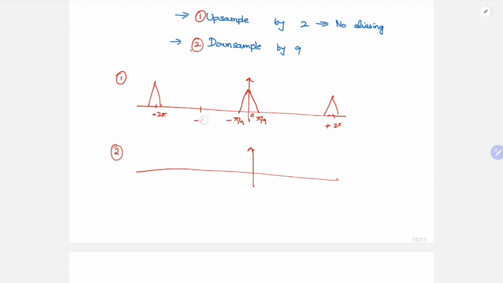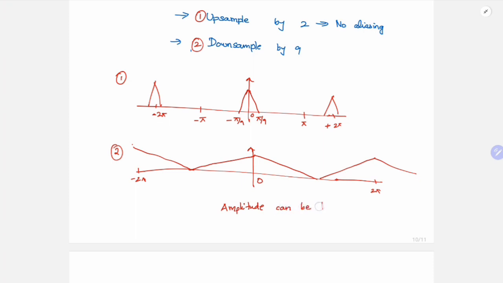So now it will exactly sit between pi and minus pi and pi, because minus pi by 9, downsampling by 9 will expand by 9 times. So it will be something like this. And 2 pi also, it's going to be continuing. And amplitude can be taken care of appropriately.